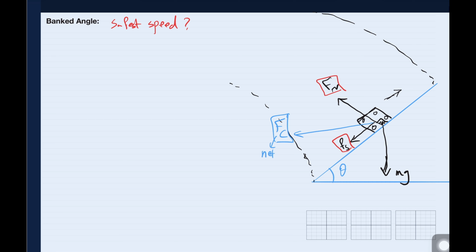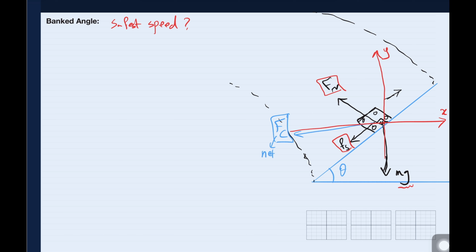So I have to break all forces down into X and Y components. I take this as the X-axis, and this as the Y-axis. Looking at those two axes, I don't have any issues with mg because it's along the y-axis.